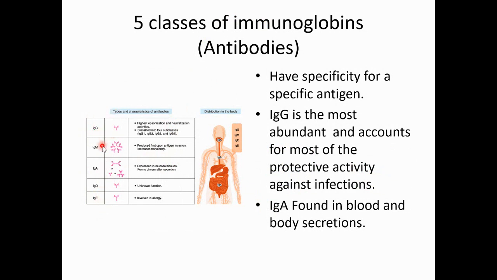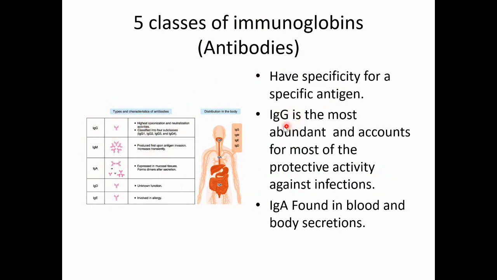And there are five of them, the IgG, the IgM, the IgA, the IgD, and the IgE. If a person is deficient in any of these antibodies, they're going to be more prone to getting an infection. These antibodies have specificity for a specific antigen.